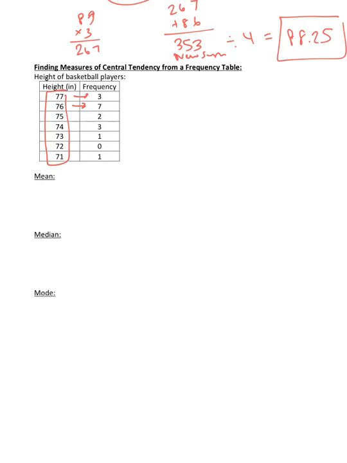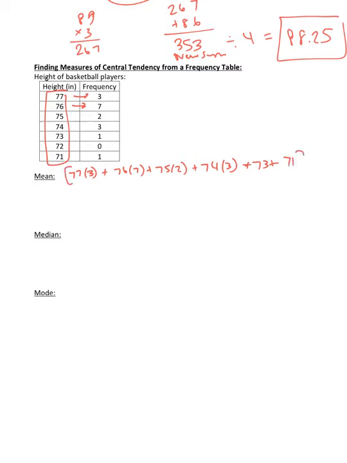So what you would have to do is you'd have to do 77 times 3 and then add 76 times 7 plus 75 times 2 plus 74 times 3 plus 73 times 1, which is 73, plus there are no 72s, so I'm not going to add 72, plus 71 times 1.